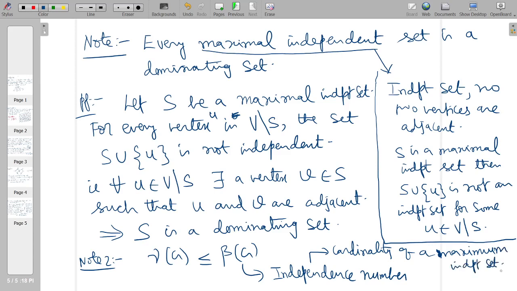Of course every maximum independent set is a maximal independent set. So gamma of G is always less than or equal to beta of G. Every maximal independent set is a dominating set, so I have related the independent set with the dominating set.